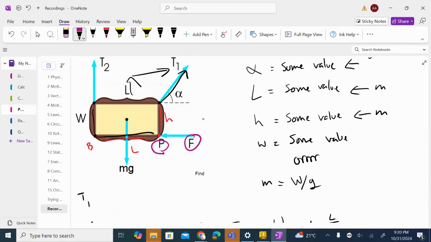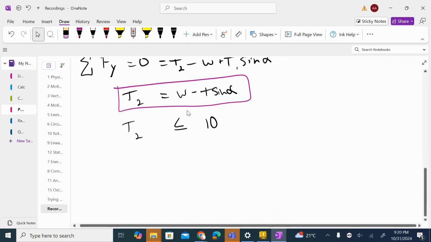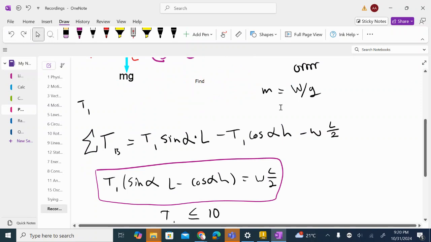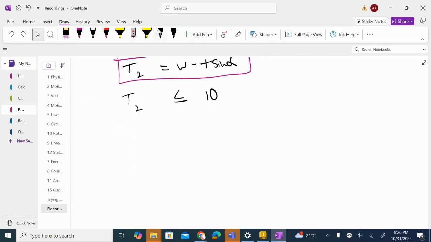Now, the last thing that it wants us to find is this force P or force F, whatever you want to call it. And this is completely in the horizontal. So we can do, I don't want to do purple. I want to do black. We're going to do the summation of Fx, so the force in the x direction, which again is going to equal 0 because this is at equilibrium.